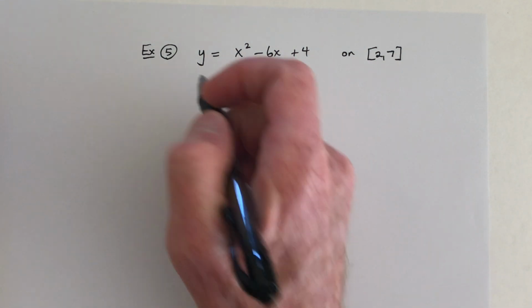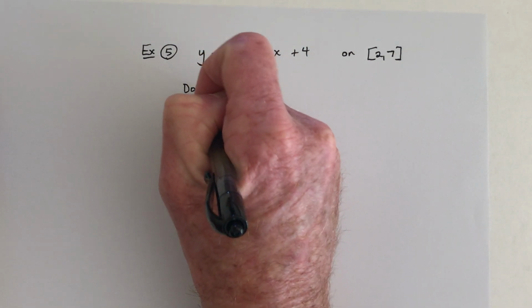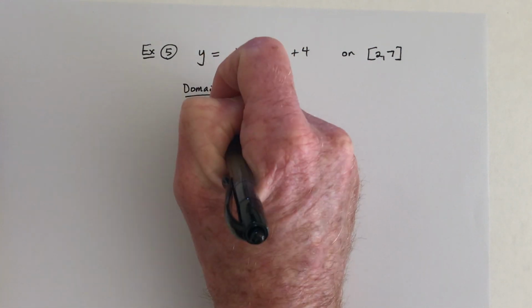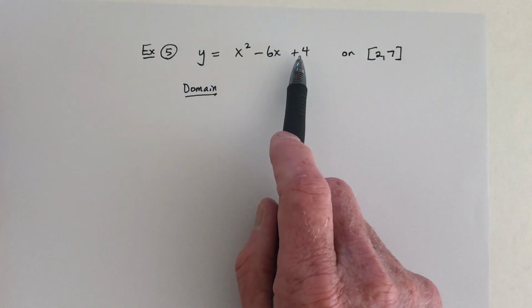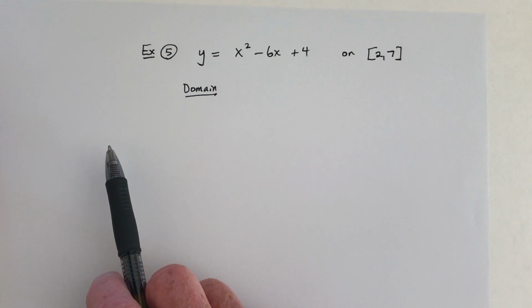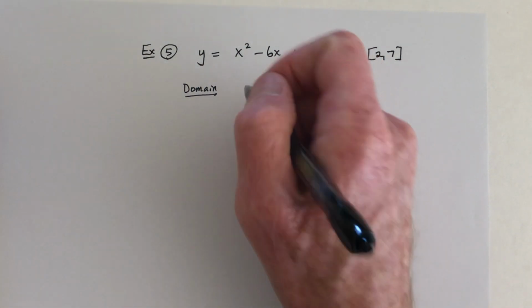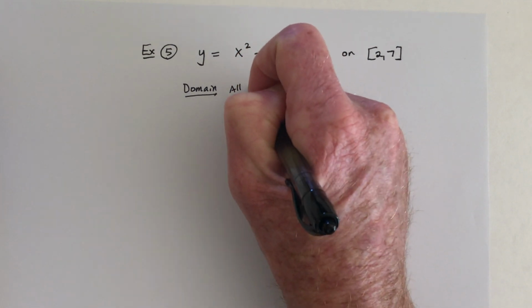So first of all, for the domain, you just look for places where the function is undefined. And that would be two things. Is there division by 0? This doesn't even have division, so that's not a problem. And then square root of a negative. And this has no square roots, so the domain is all real numbers.